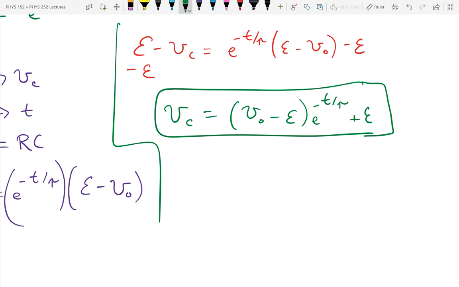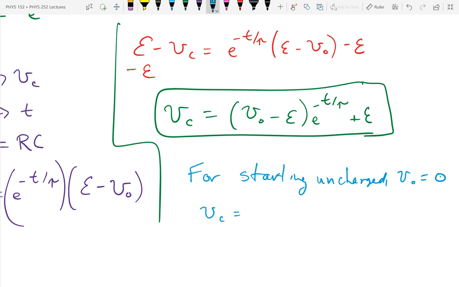So in this problem, for this specific derivation, the V0 would be 0. And so I'm going to write this down because it's a specific case. So that's what we found for this specific case.